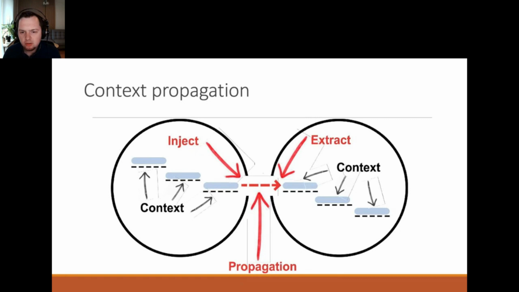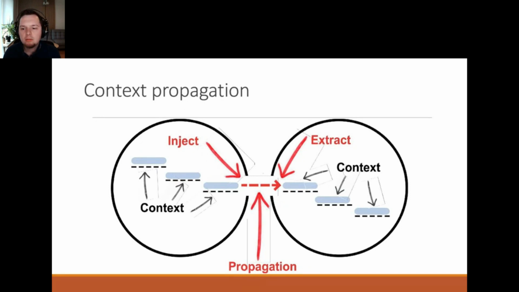This is called context propagation. So how does this happen? Basically, one service will inject the context into, for example, an HTTP header, and will send it to another service where it will get extracted, so that you are able to do that correlation.